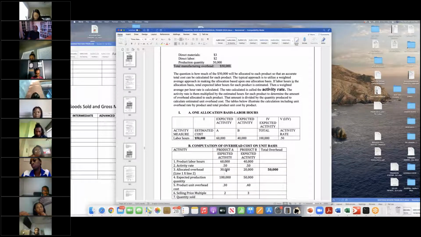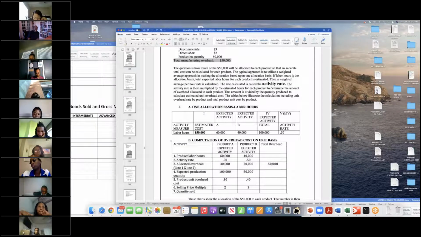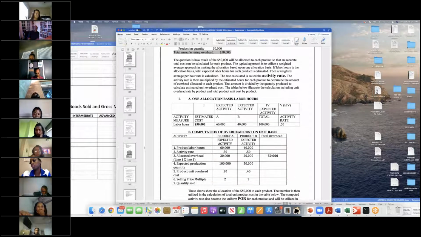That is, you've got $30,000 in overhead for product A. You're making 100,000, so 0.3 is the unit cost. That is, each unit is getting 30 cents worth of overhead, 40 cents for product B. And our selling price multiples are 2 and 3. So now we've got the unit overhead costs.